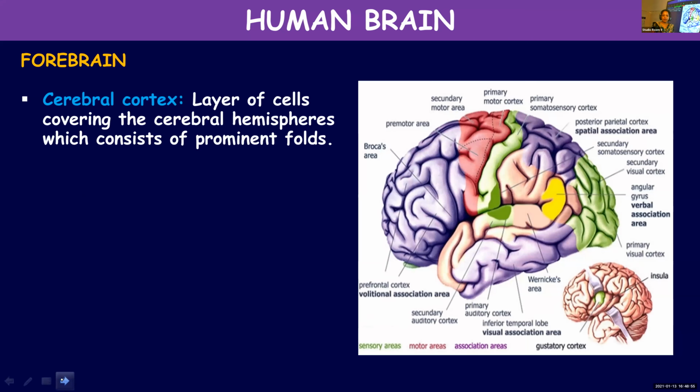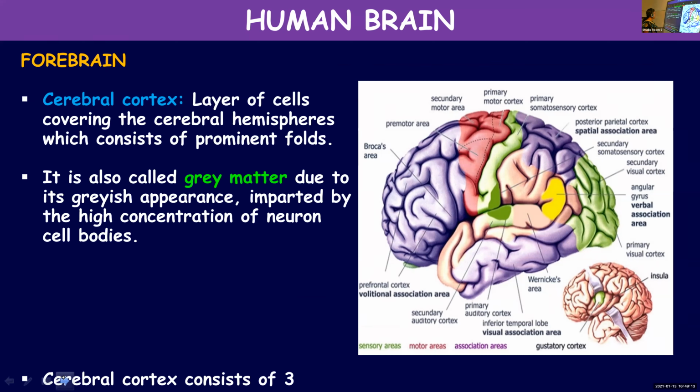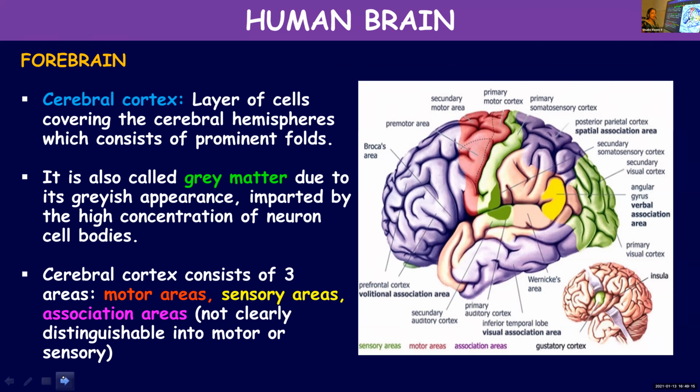As you can see in the figure, this region is provided with so many foldings or furrows in order to increase the surface area. We even call it gray matter because of the greater amount of nerve cells present in this region. And then we learned about the different areas present, motor areas, sensory areas, and special areas which are not distinguished as motor or sensory. You call them association areas.